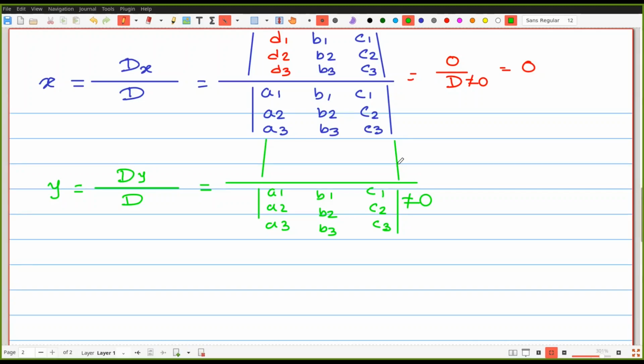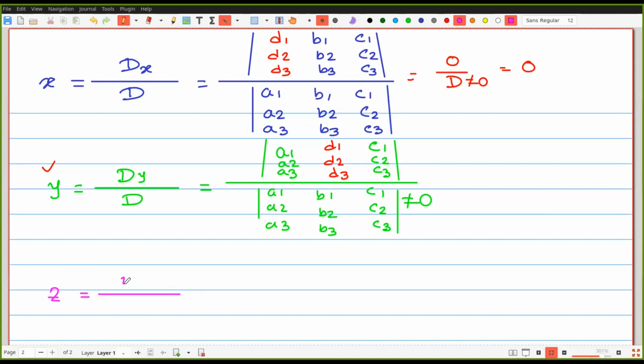The second column represents the coefficients of y. So the first column and third column, that means the columns for x and z, remain the same, except the second one for y. That must be replaced with d1, d2, d3, that means the resultant.